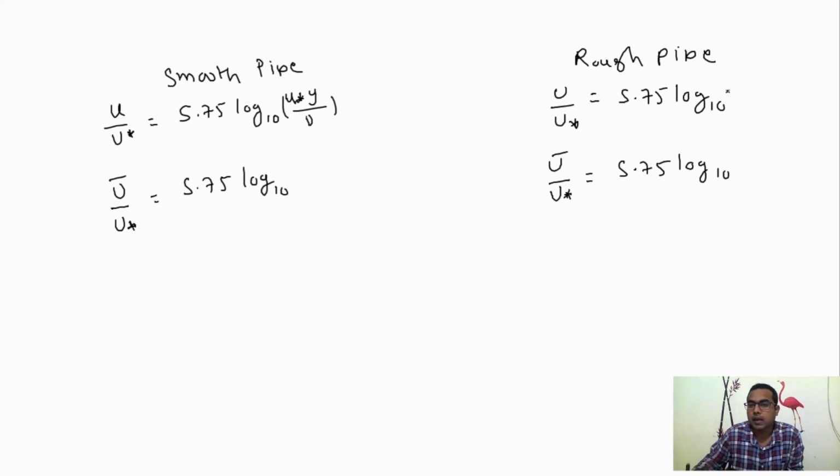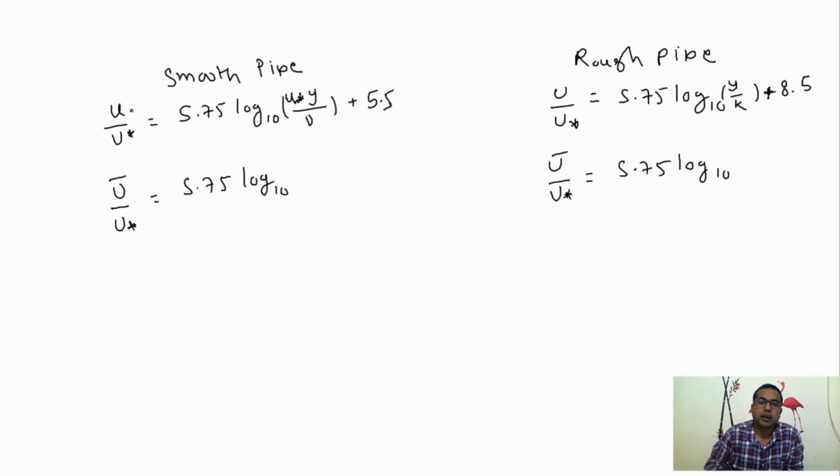And here the term will come Y by K, plus a constant value, that is 5.5, and here the constant value is 8.5. So here the constant value is plus 3 of the constant value of the smooth pipe.